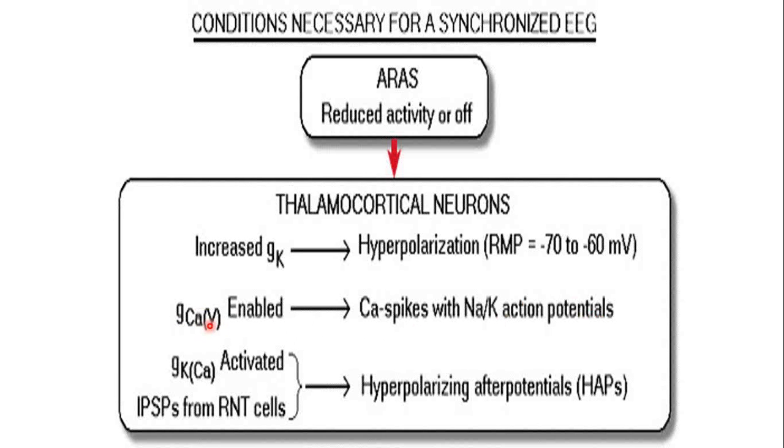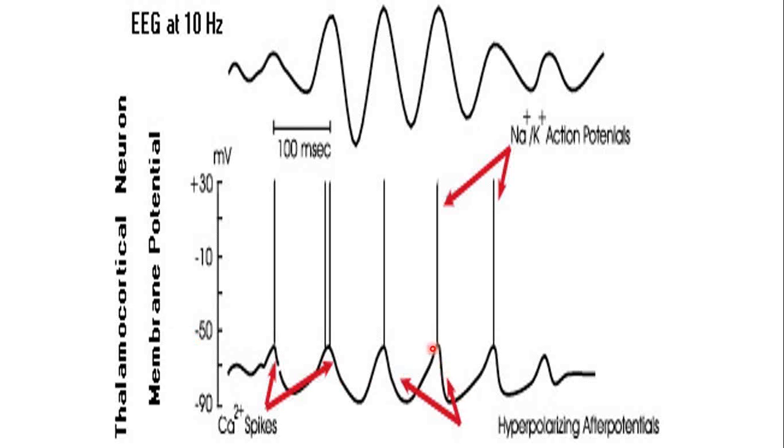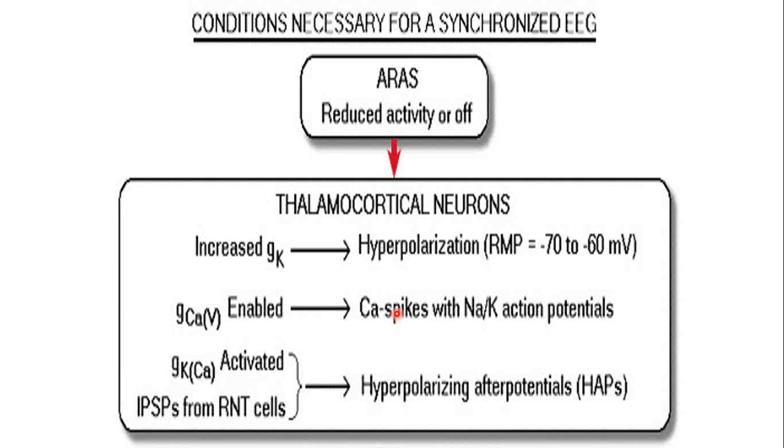V stands for voltage, meaning they're gated or activated by the voltage. What voltage? The voltage down here, the hyperpolarization, is actually activating the calcium and making the calcium spikes happen. So that's why we need those hyperpolarizing potentials to generate the calcium spikes. If we don't see them, we won't get them.